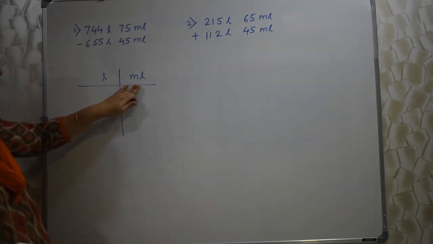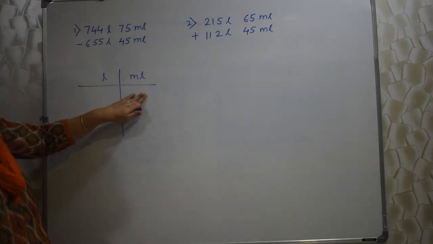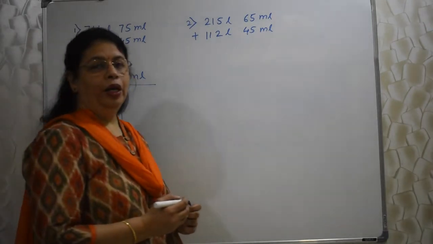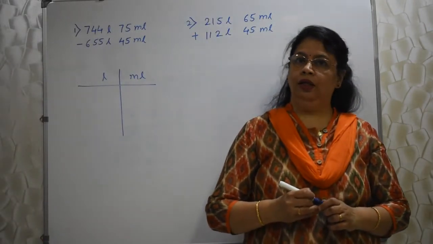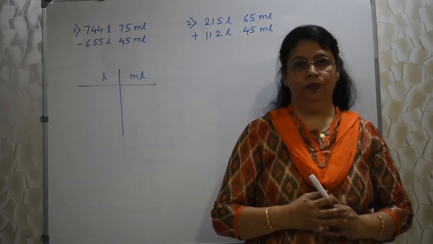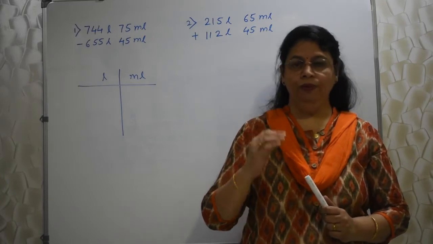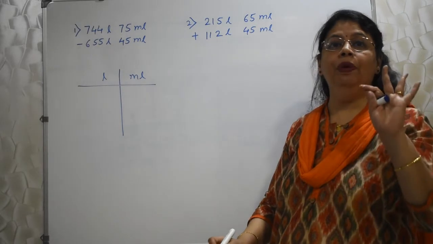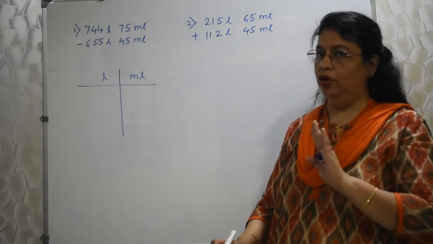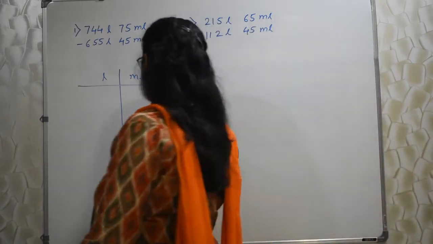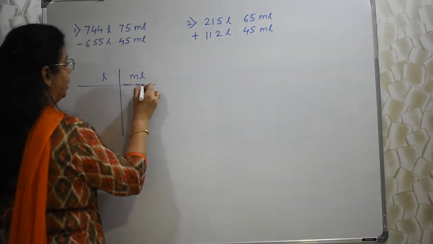This side always has limited places. Who decides this? See, the relation. 1 liter is how many ml? 1000 ml, which we have learned just now. 1000 has how many zeros? 3 zeros. Right? So this ml will have 3 places.